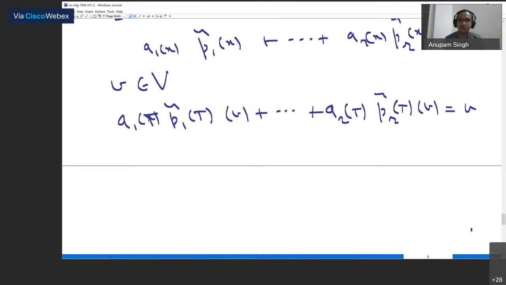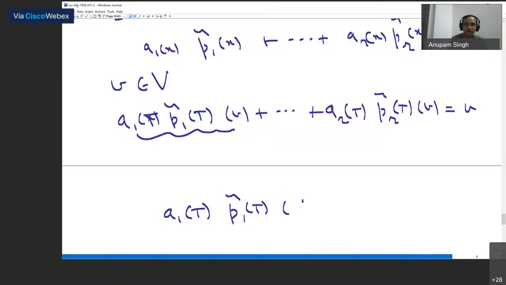Okay, so let's look at this equation very carefully. What can I say about this thing here? Let's look at a1(t) p1 tilde(t) of v. I want to define this as v1.